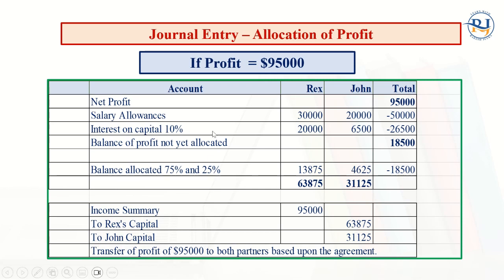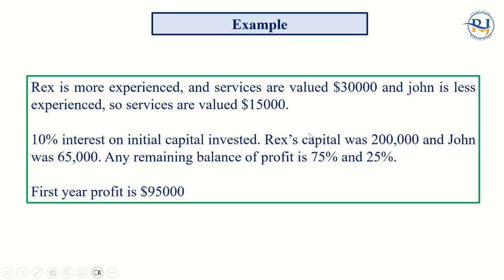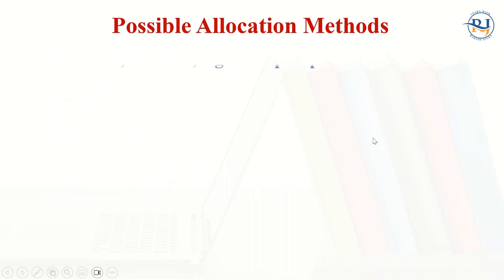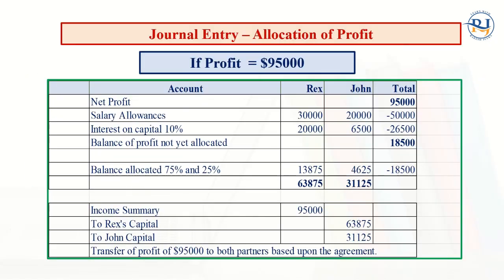Second, interest on capital. Definitely, this will also be distributed. Interest on capital is 10%. We know that the capital is $200,000, that I can show you at the back. So $200,000 is the capital for Rex, and for John it is 65,000. Now you can see 20,000, 10%, and 6,500, 10% on the capital invested, and the total is this much. Balance of profit not yet allocated is 18,500.